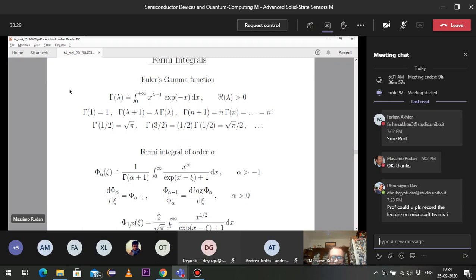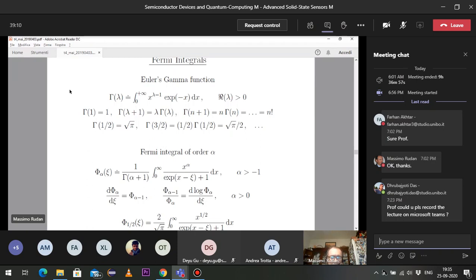And this applies for any lambda. So in particular, it applies for lambda equal to an integer. So if you consider an integer, you have that gamma of n plus 1 is equal to n times gamma of n. But you can iterate. Gamma of n is equal to n minus 1 times gamma of n minus 1, and so on. So if you continue down to 1, you find the factorial. So gamma essentially is a generalization of the factorial, okay?